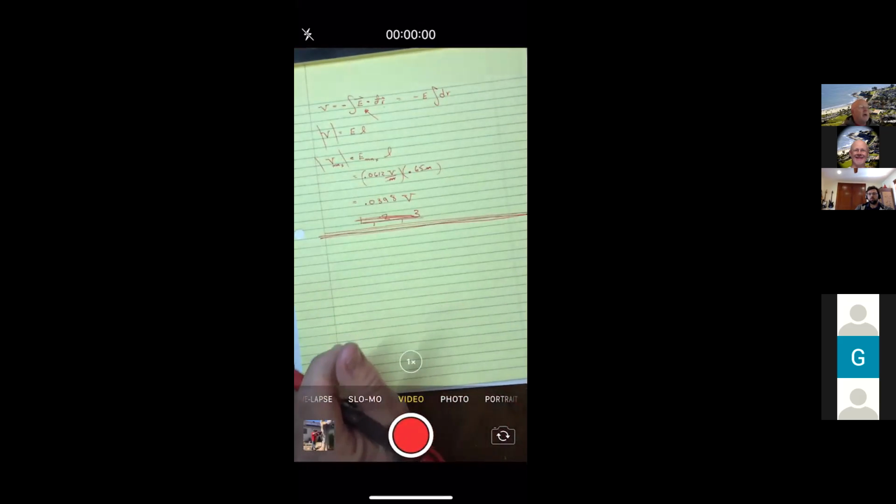The toroid consists of 500 turns, has a rectangular cross-section with dimensions as shown. A single rectangular loop, of radius 2 centimeters by 1 centimeter, and resistance of 5 ohms, is traveling at a constant speed of 20 meters per second through the right cross-section of the toroid from the left to the right.